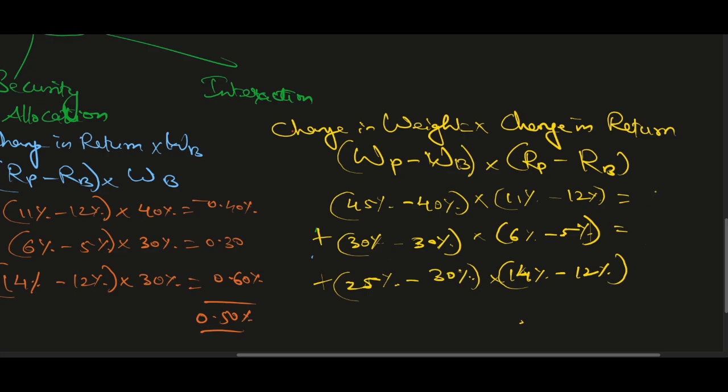So this comes to 0.05%, 0, minus 0.10. So this comes to minus 0.10. This will be minus 0.05. Okay, so total comes to minus 0.10.